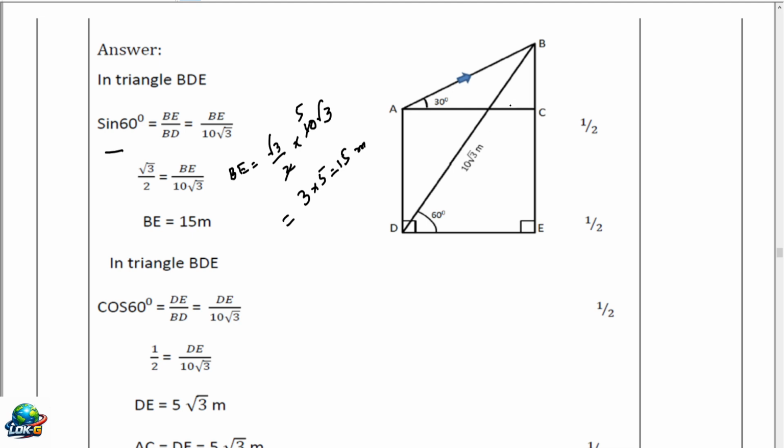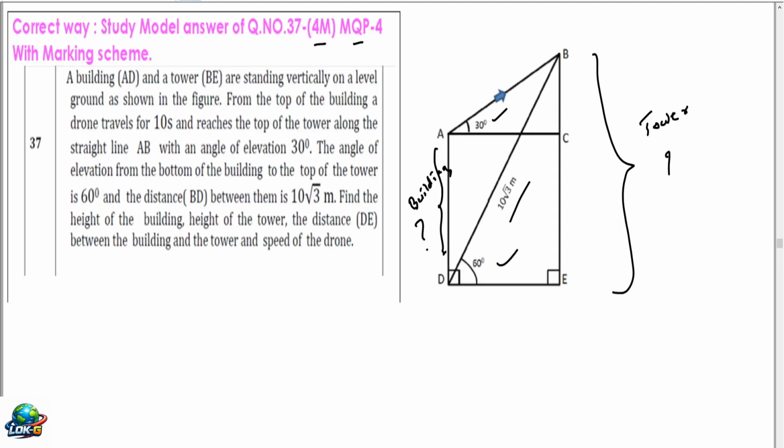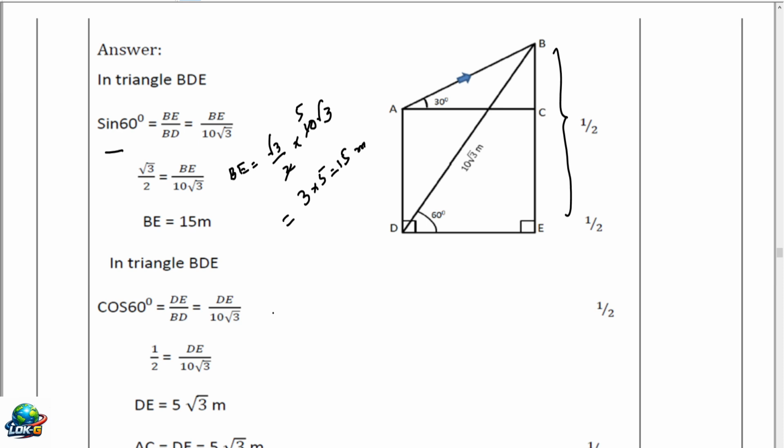Therefore, BE length is, what is BE? Height of the building, sorry, the height of the tower is asked. The height of the tower you got, 15 meter.